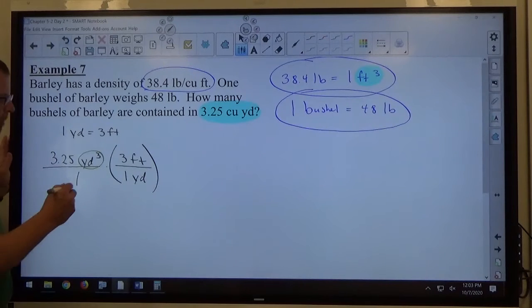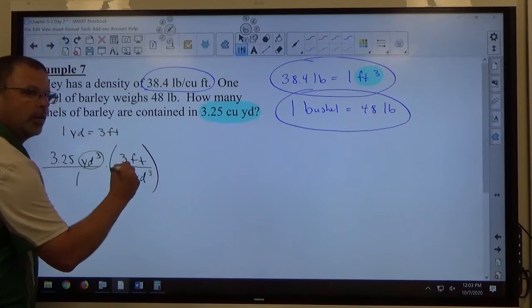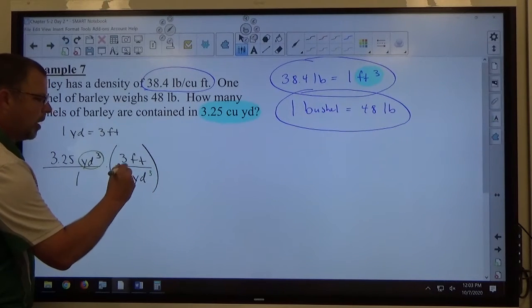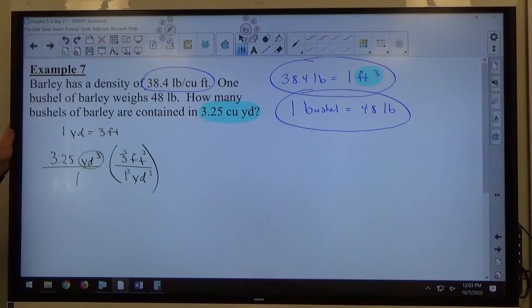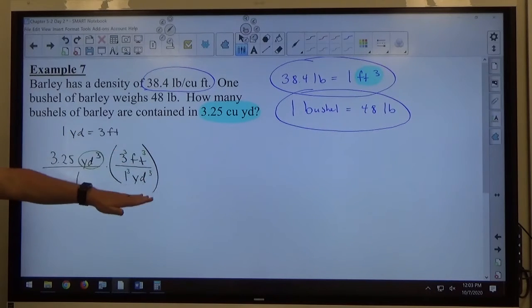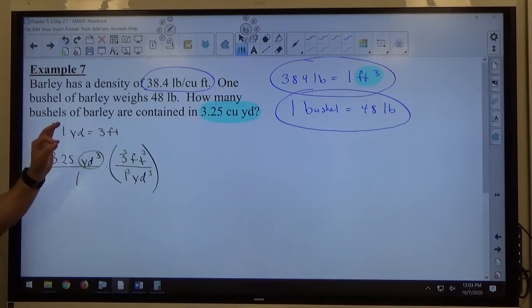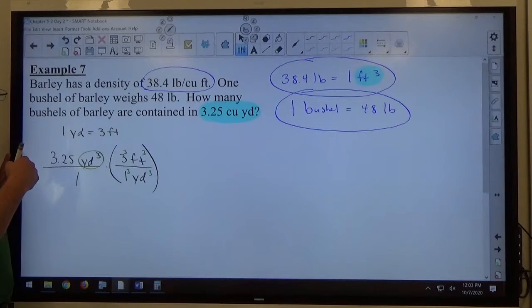So, if I want this to be cubic yards, I need this 1 to be cubed, I need this 3 to be cubed, I need this feet to be cubed. Again, if you have a specific fact, 1 yard equals 3 feet, to create a unit multiplier here, if you square everything, it's legal. If you cube everything, it's legal. You can do anything you want to in that manner as long as everything gets that power.